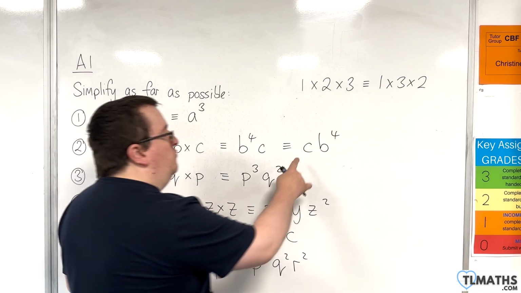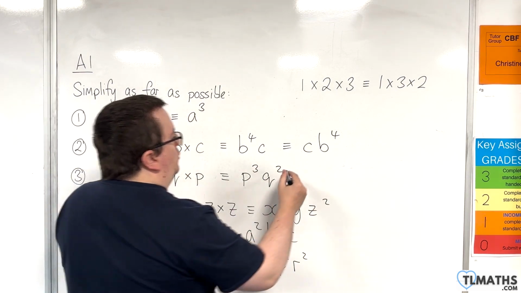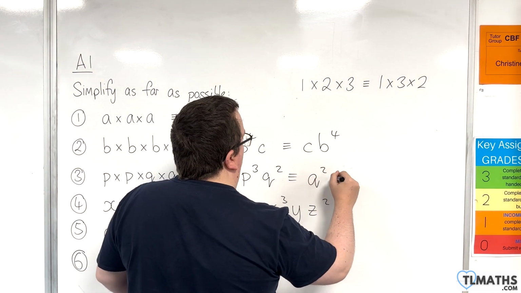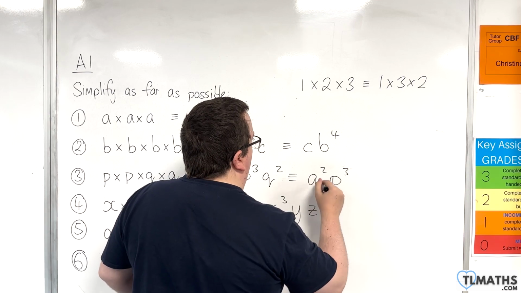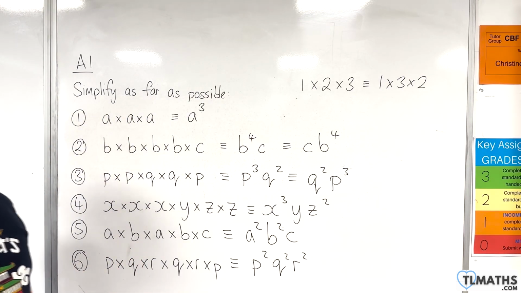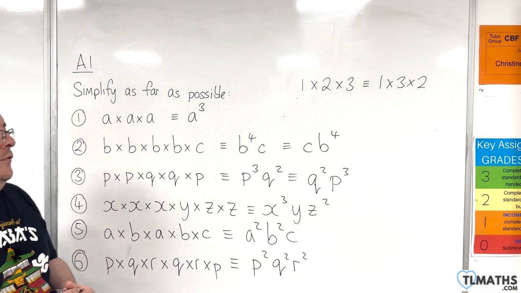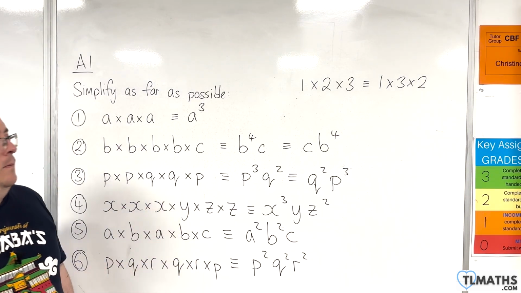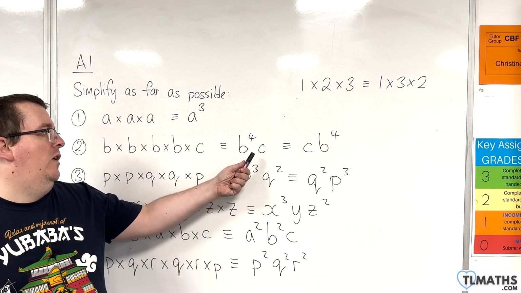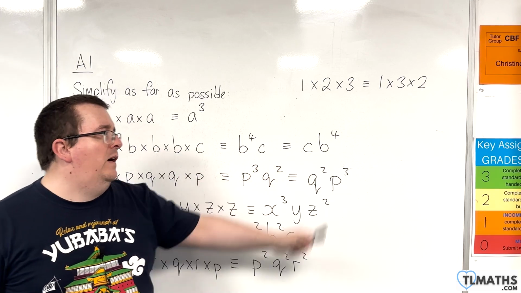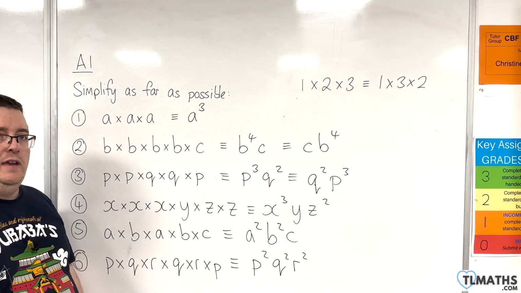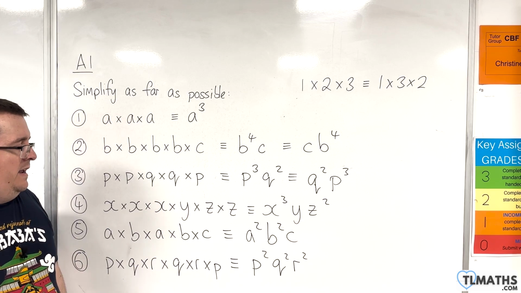There's nothing wrong with writing that down. I could write this down as q squared p cubed. Okay, there's nothing wrong with writing it down that way. It's just an aesthetic thing that you might be saying, well, I prefer to write it down that way rather than that way because b comes before c. It's really up to you.